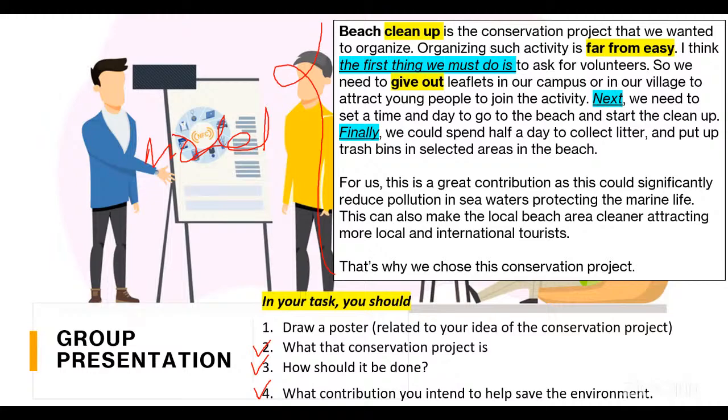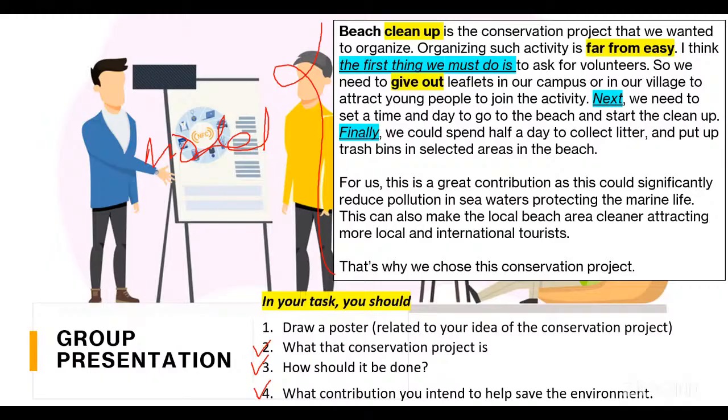Yes, today I'm going to talk about our conservation project, river cleanup, which is important because keeping the river clean is no walk in the park. The first thing we need to do is gather volunteers. We can give out leaflets at school and in the neighborhood to encourage people to take part.